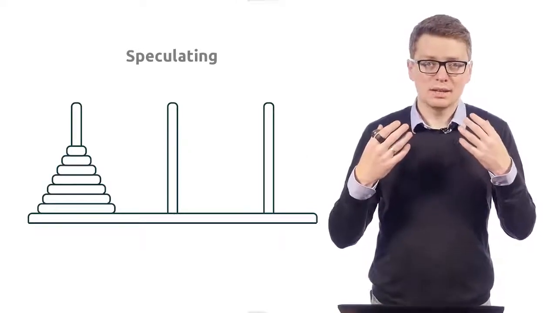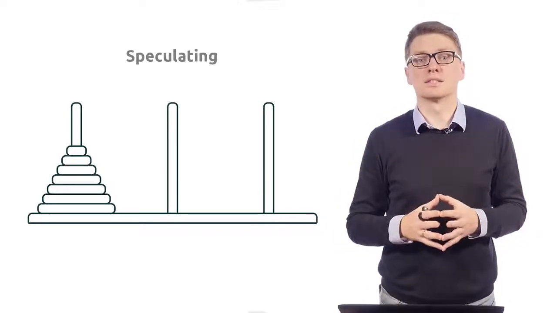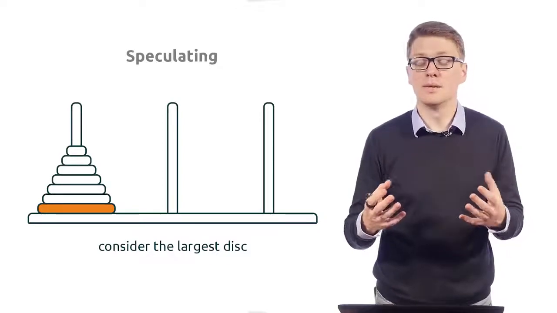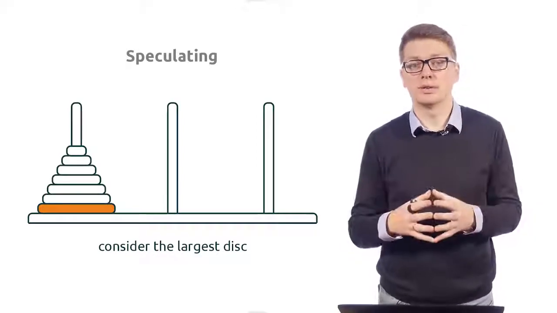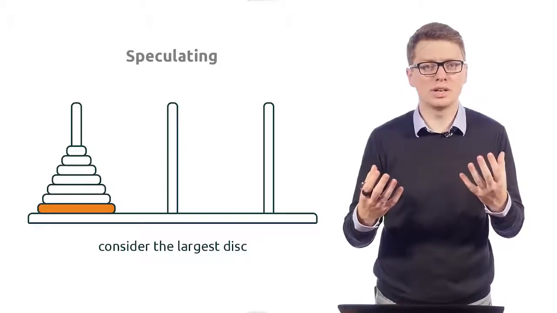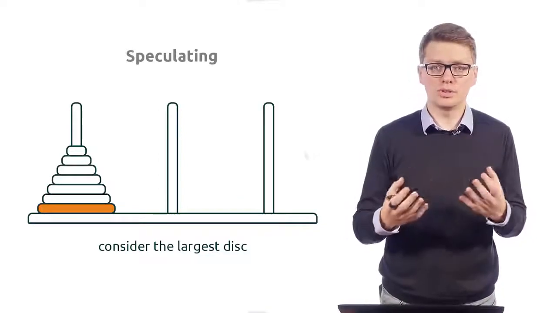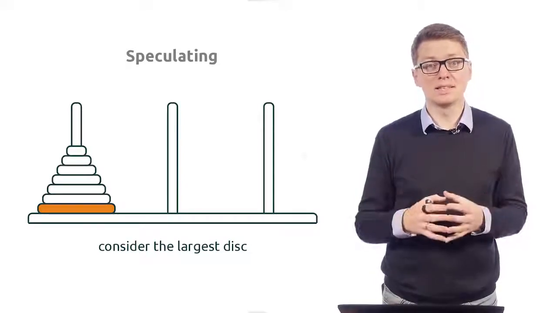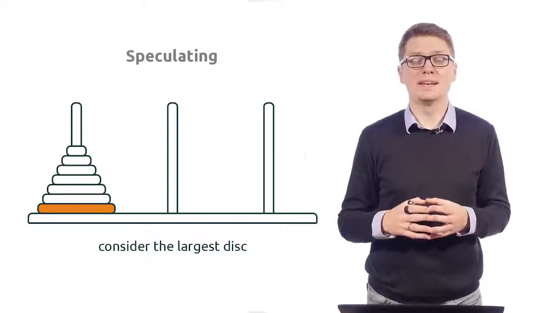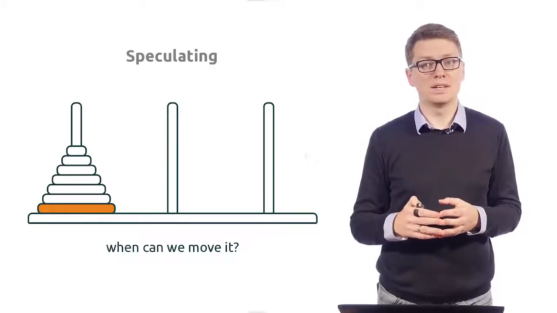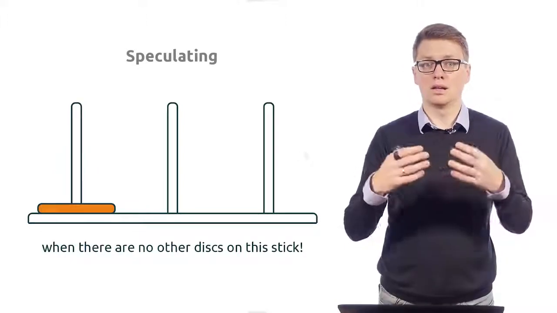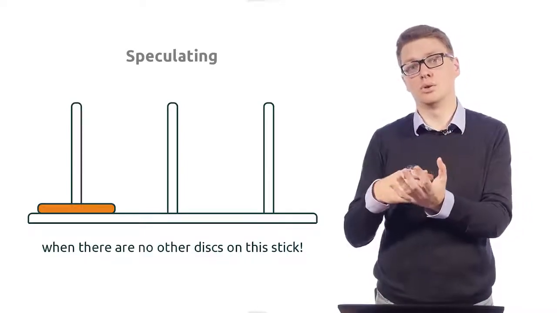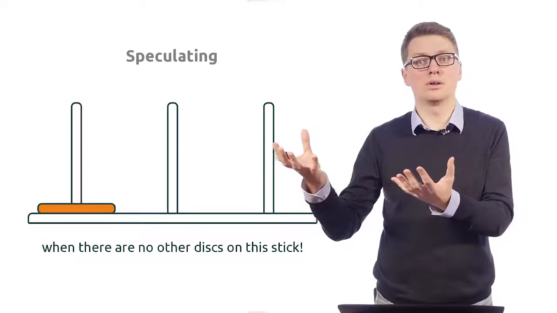Now let's consider a general case where we have n disks, and let's focus on the larger disk. What is the condition under which we can move it? First of all, if we are moving the larger disk, this actually means that all the remaining n-1 disks are already on some other stick, or a part of them are on one stick and the remaining ones are on the third stick.